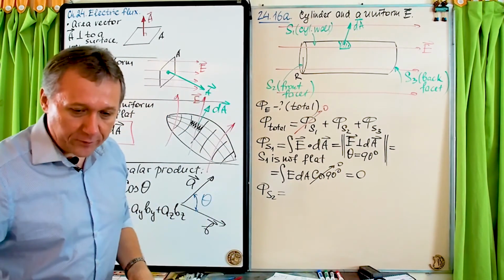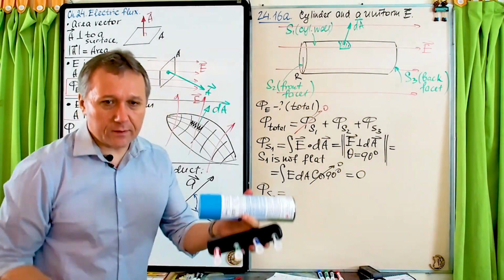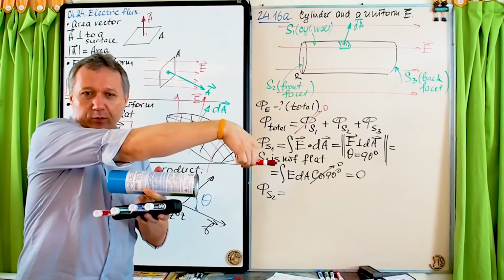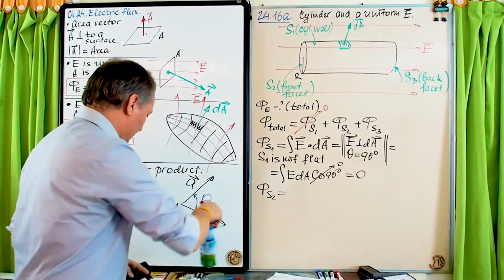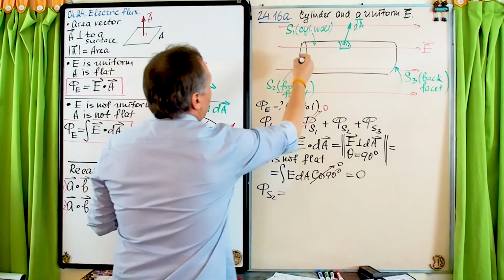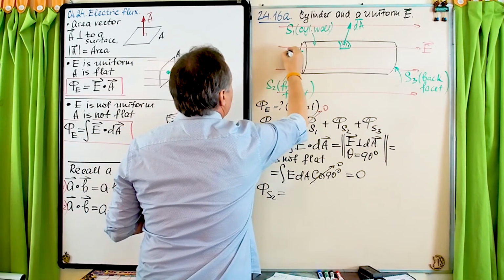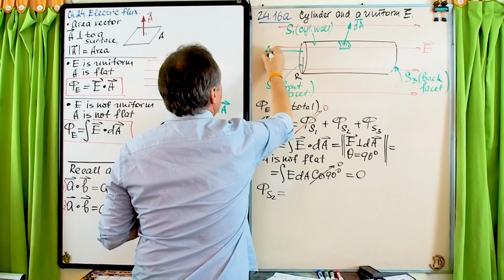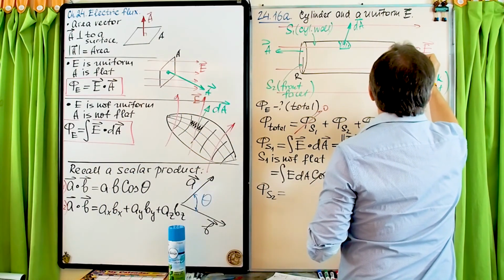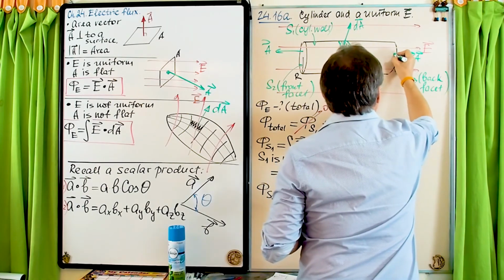Now it's a flat surface, and the area vector is that way, and over here, that way. So I can draw this as the area vector for this surface, and this as the area vector for that surface.